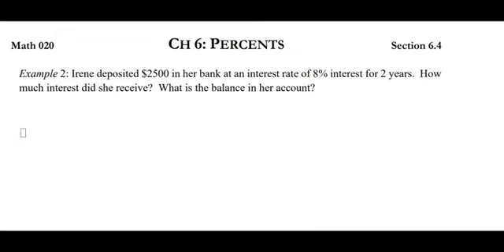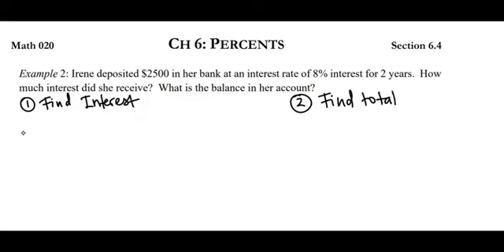So here it's going to be a 2-step problem. And the first step, we're going to find interest. And then step number 2, once we have the interest, find total amount, which will be P principal that we have, the starting balance, which is 2,500, plus interest.